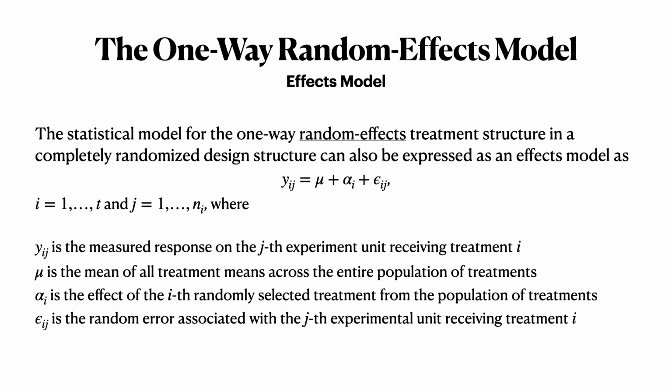Mu is the mean of all treatment means across the entire population of treatments, and so that is a constant. Alpha sub i is the effect of the ith randomly selected treatment from the population of treatments, and so alpha sub i is in this case a random variable. And finally, epsilon sub ij is the random error associated with the jth experimental unit receiving treatment i.